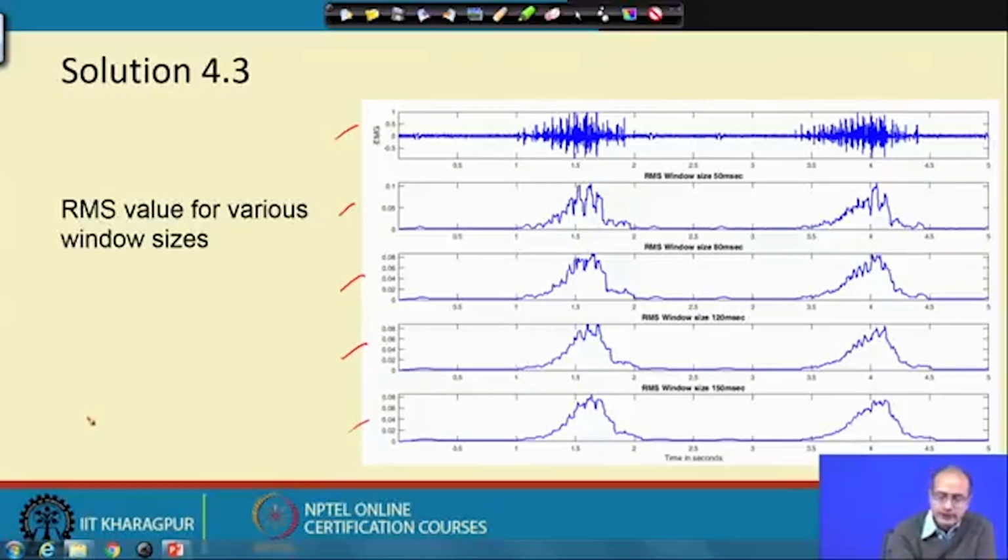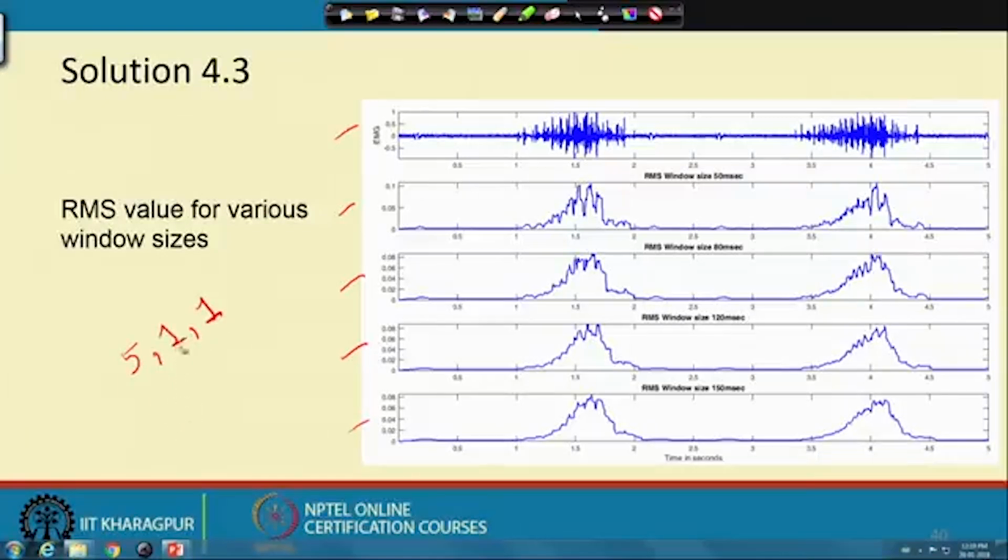That is why in the code we have used 5 1 1 2, in that way we started with 5, we are making 5 rows here.